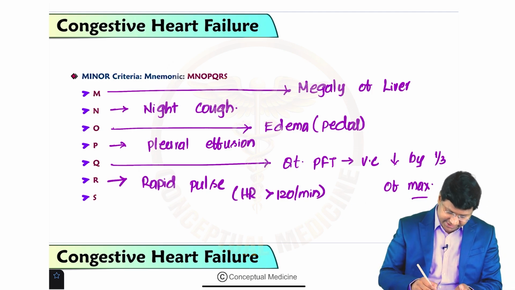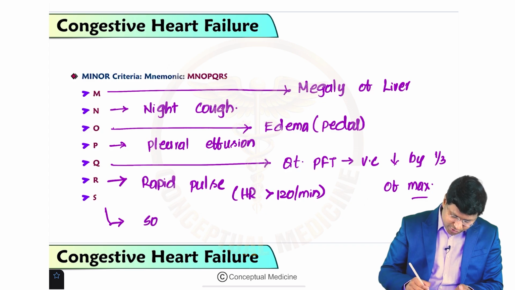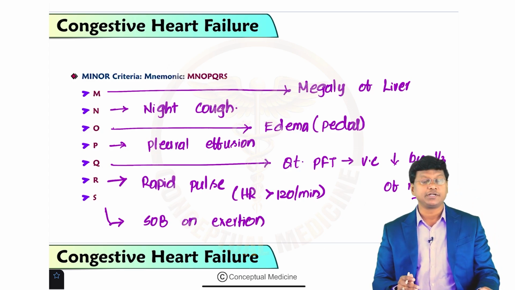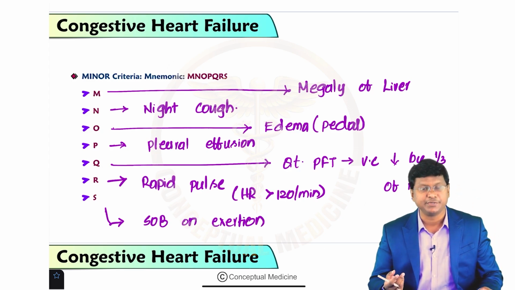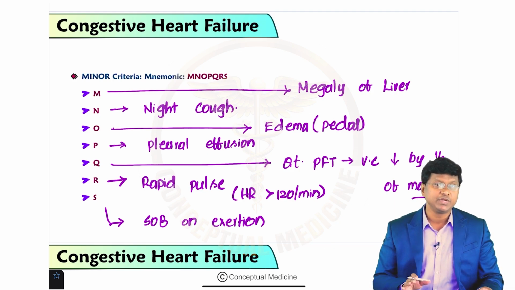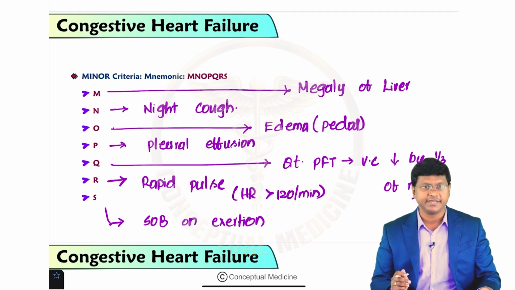And the word S is shortness of breath on exertion or strenuous exercise. So this will be the minor criteria.